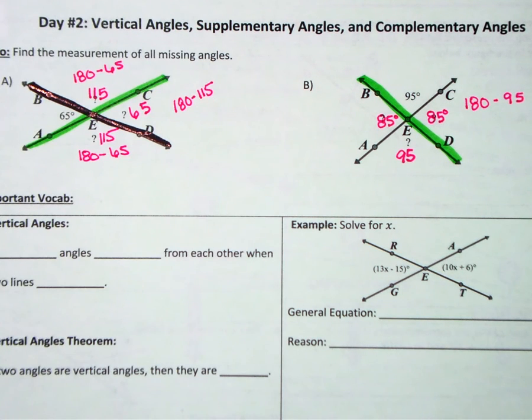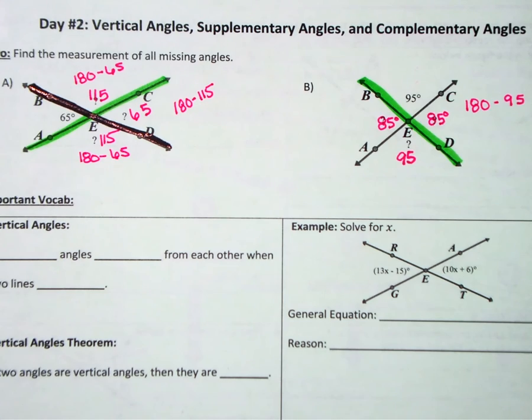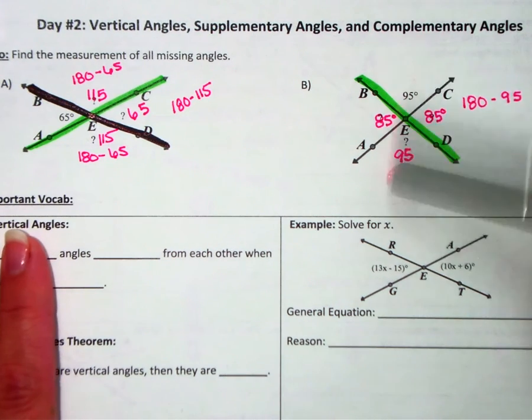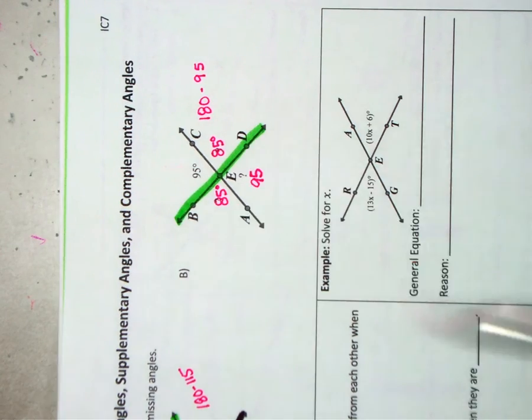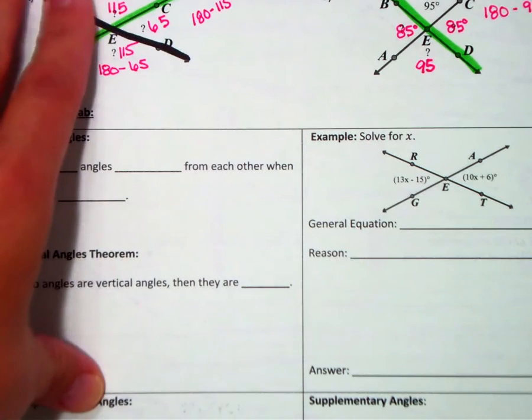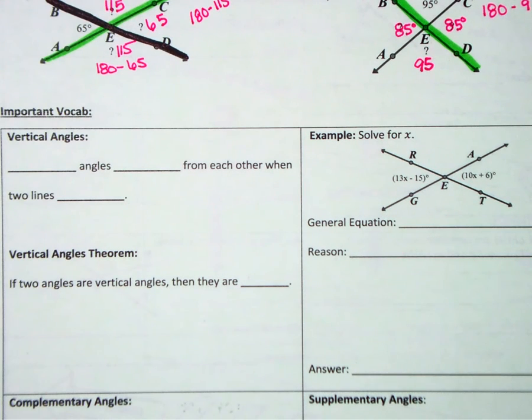Okay, so what you're going to see is that vertical angles, that's called vertical, even though we think vertical as like up and down, okay? So we call these vertical angles because even if you turned the page, now these angles here would be vertical also. So vertical angles are really the angles that are across from each other.